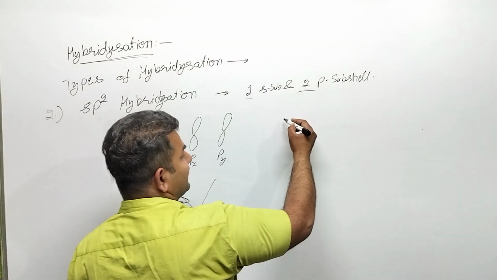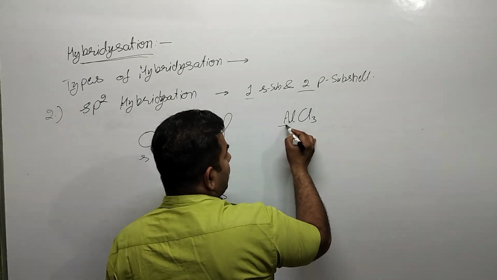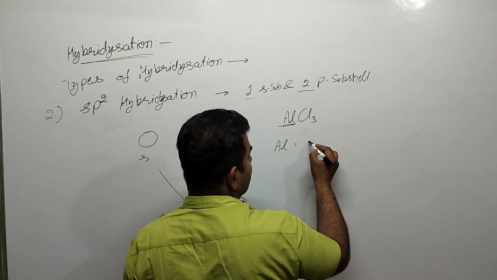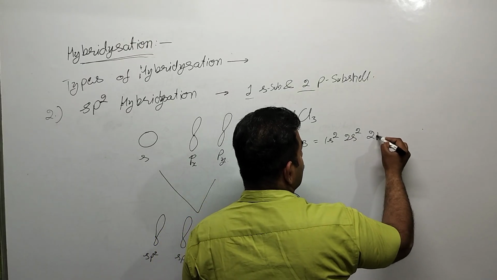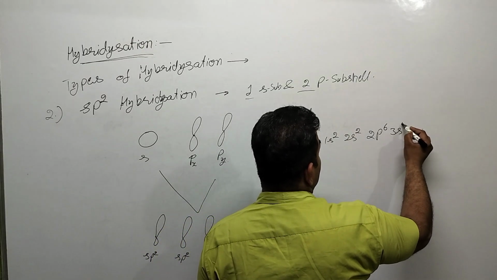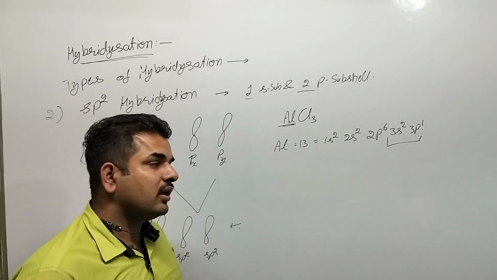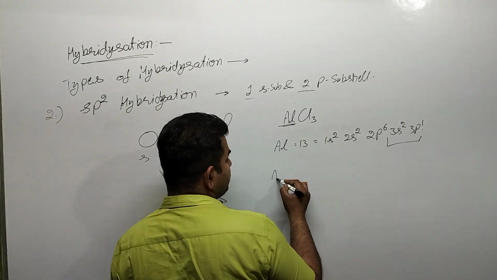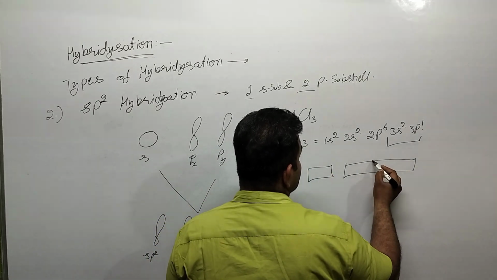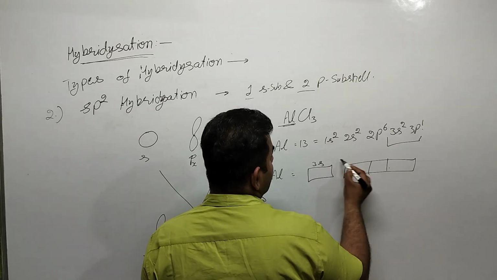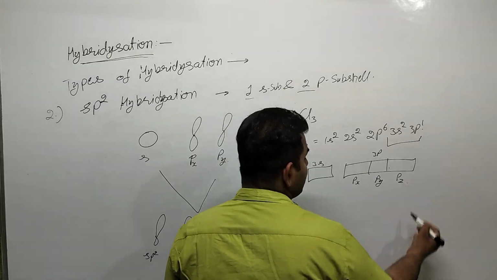For this we take the example of aluminium chloride. Aluminium has the electron configuration 1s2, 2s2, 2p6, 3s2 and 3p1. This is the valence shell, and we can represent it simply: we have the 3s and the 3p, that is px, py and pz orbitals.